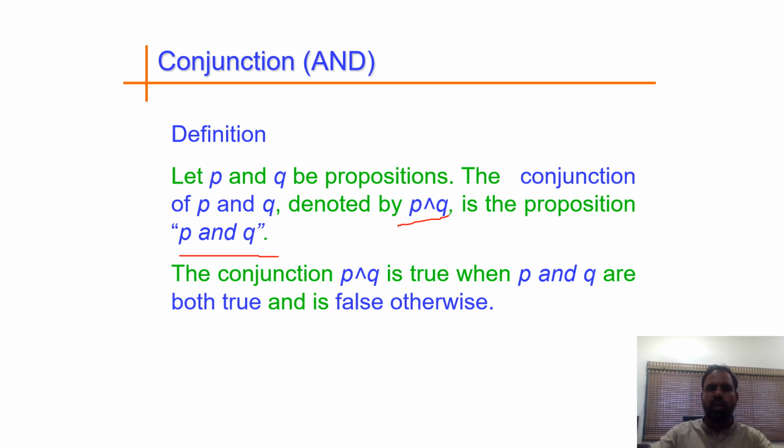Meaning to say, if P is false and Q is true, then P and Q will be false. In conjunction, both should be true, then it's true, otherwise it will be false.